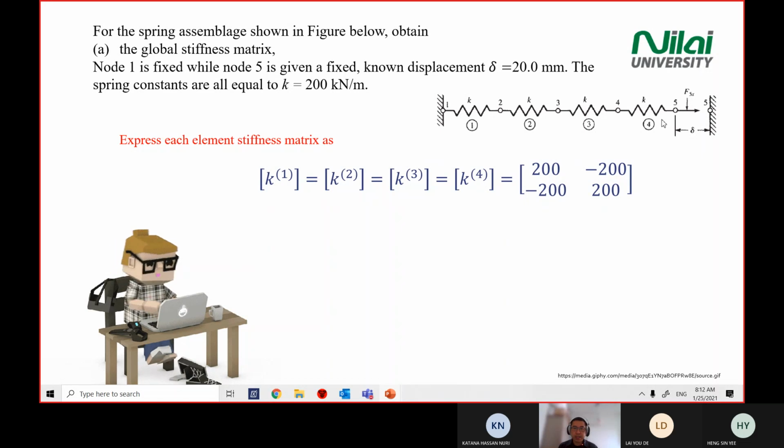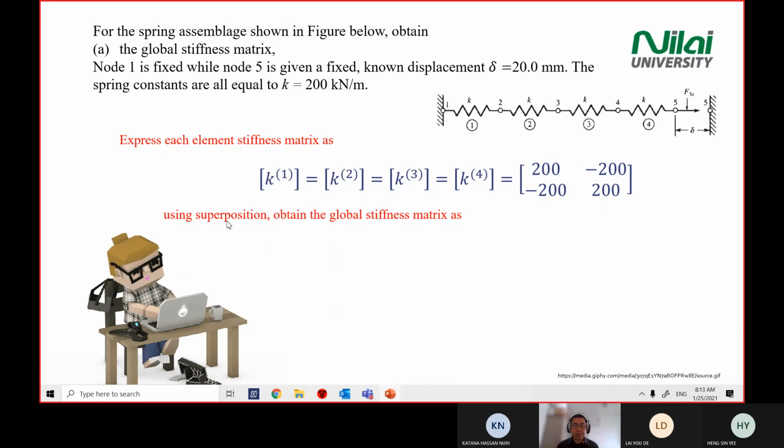So with the combination of homogeneous and non-homogeneous boundary conditions, how do you solve it? The first step is that when you have the elements in the matrix, you put them into a global stiffness matrix. We use a superposition method, where we put each into its individual location.